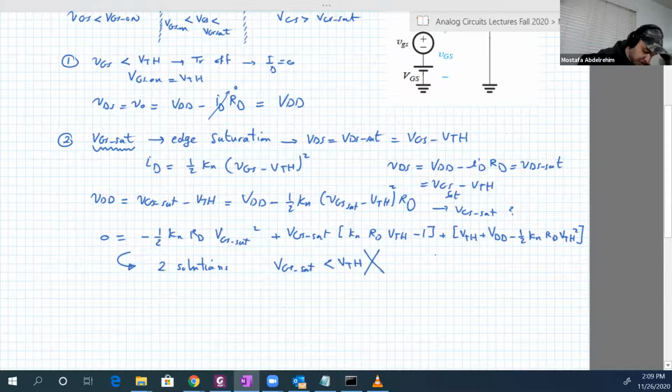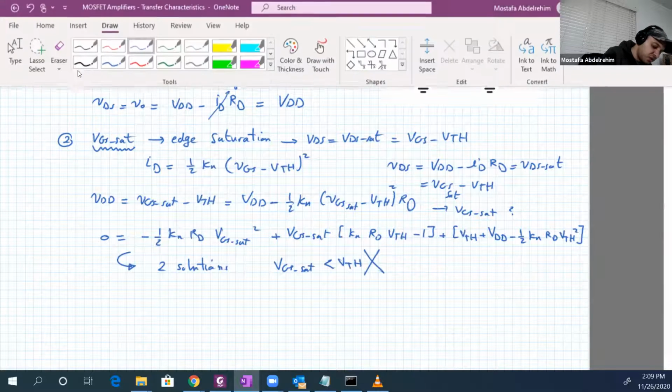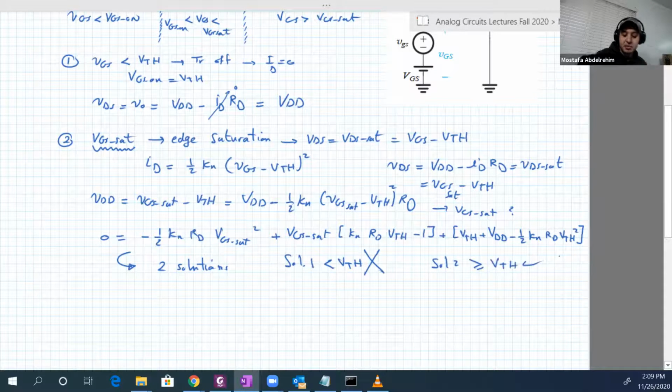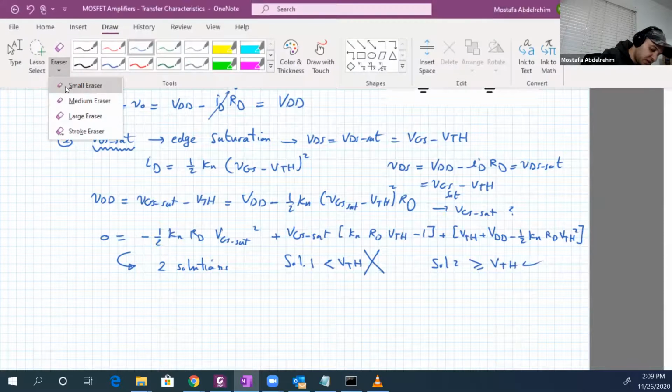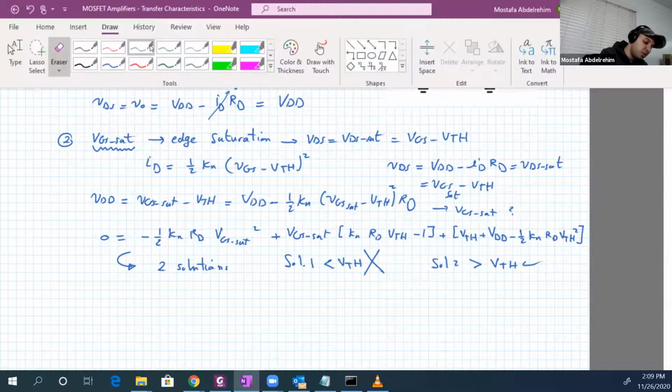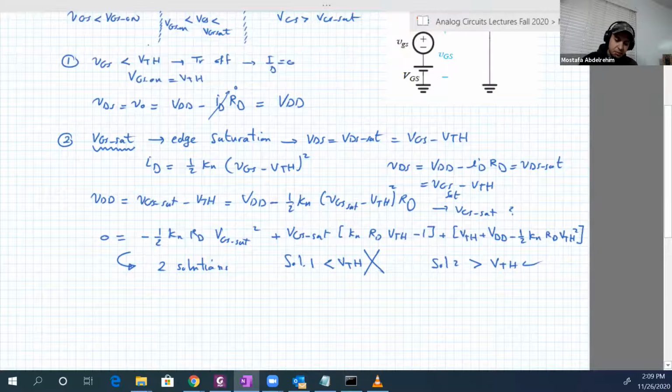And the other solution, let's call them solution 1 and solution 2. Solution 2 will be larger than V threshold, which is accepted, of course, not even equal, larger than V threshold, because we are away from the switching point from off to on.